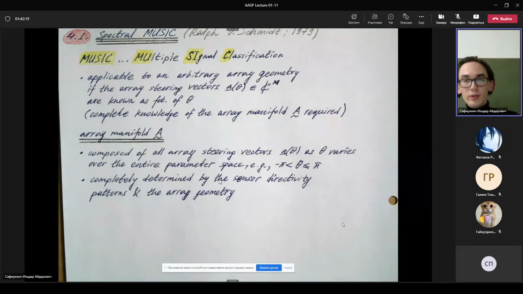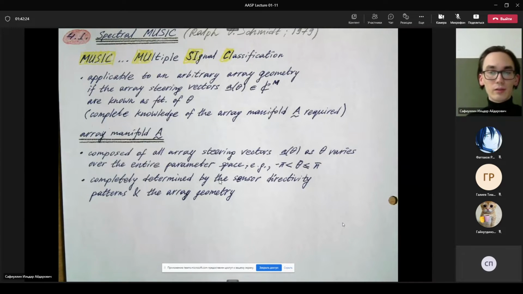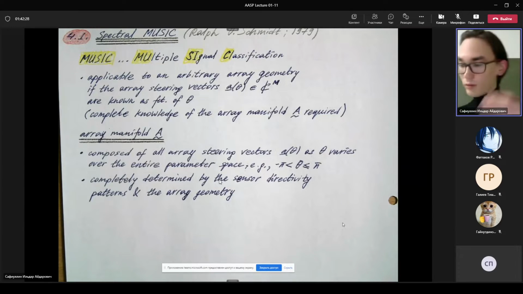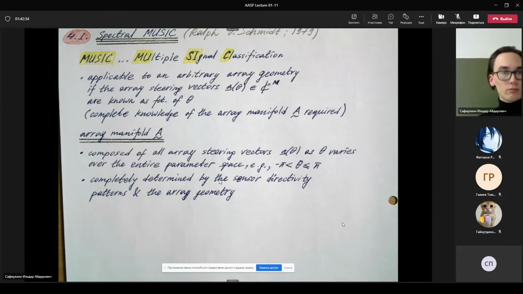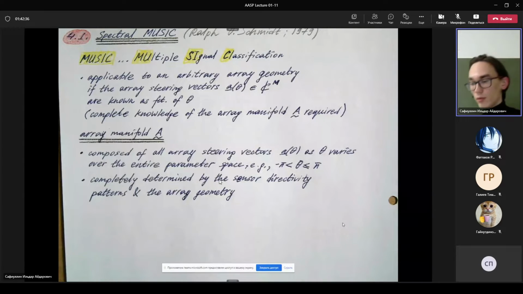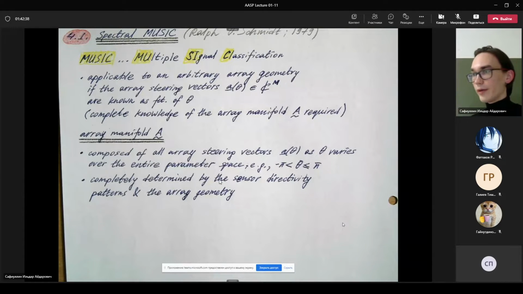So in this case, based on this one sensor directivity pattern and overall array geometry, we can find the array manifold or overall directivity of this array.